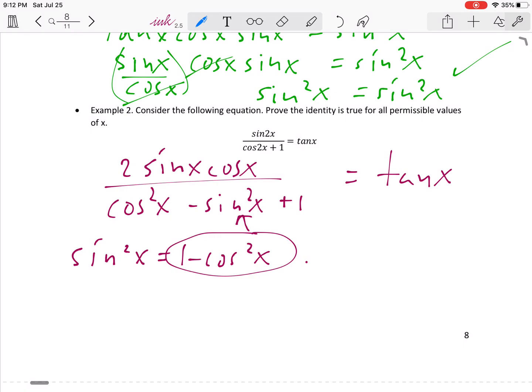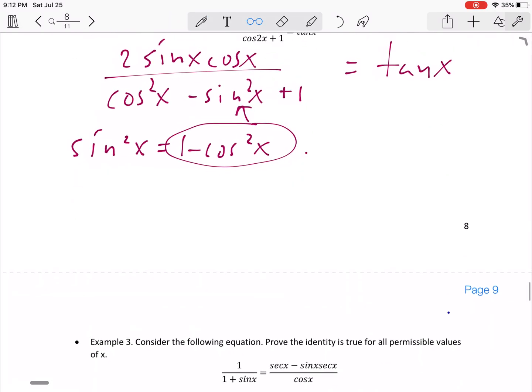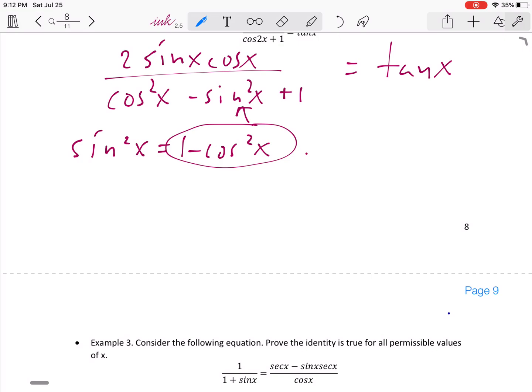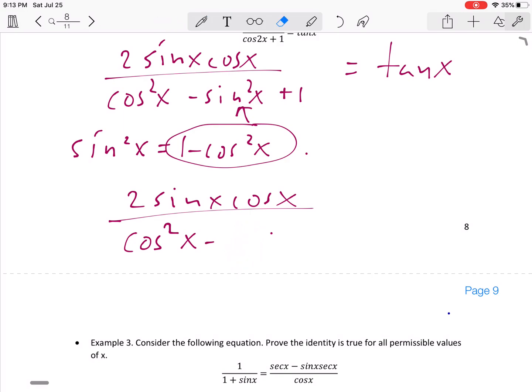So now we get 2 sine x cosine x over cosine squared x minus 1 minus cosine squared x plus 1.